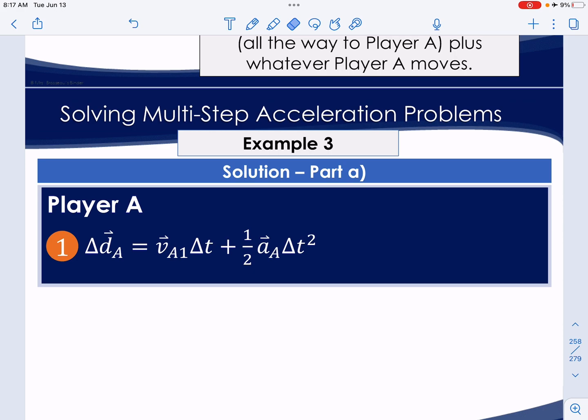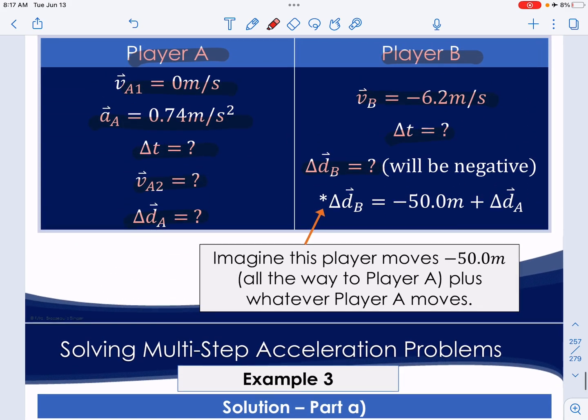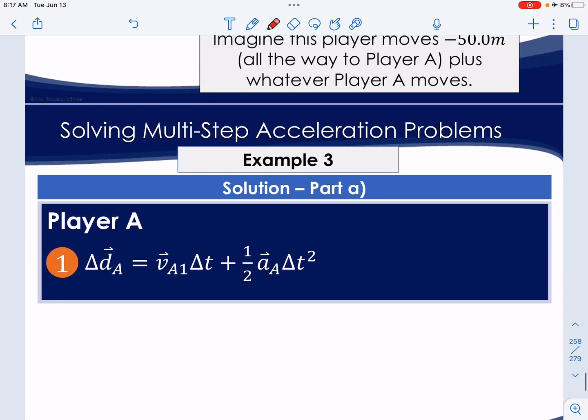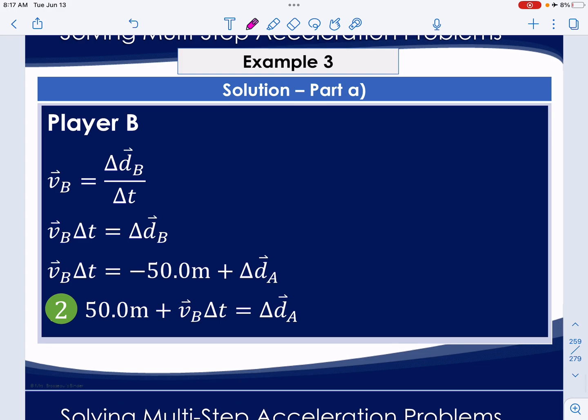So, solution, part A. We need to find an equation that has delta dA, because we have a and delta t. So this has delta dA, VA1, which we have, and delta t, it has acceleration, which we have. So the two unknowns are delta dA and delta t, and we know the other two. For player B, we use our average velocity equation, which is this.